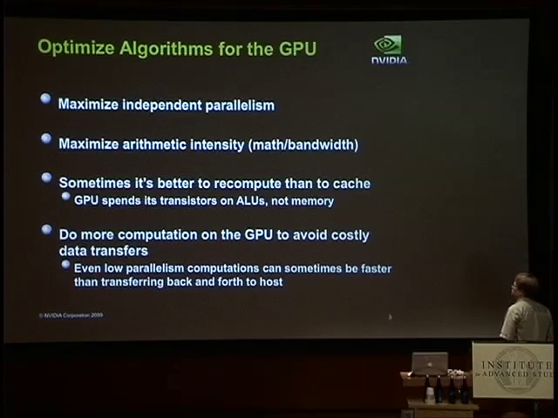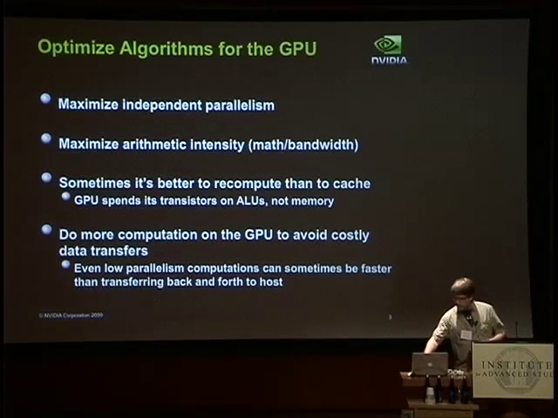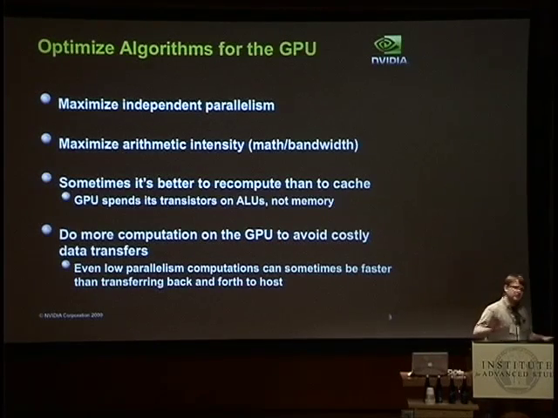In other words, the GPU puts all of its transistors on the arithmetic units, not on memory, relatively speaking. And I already told you this twice: do more computation on the GPU, and don't move the data back and forth. For example, let's take the limit of that.